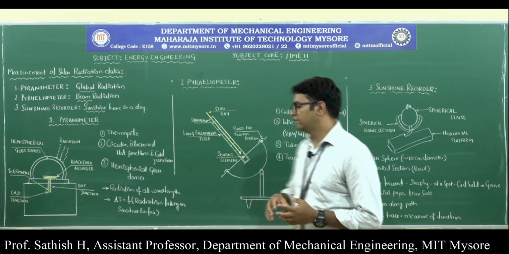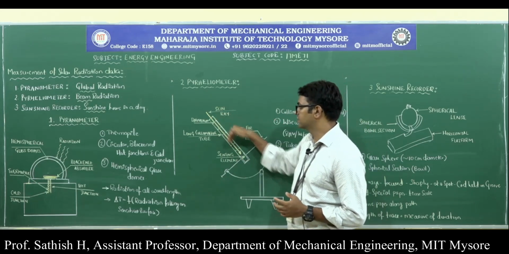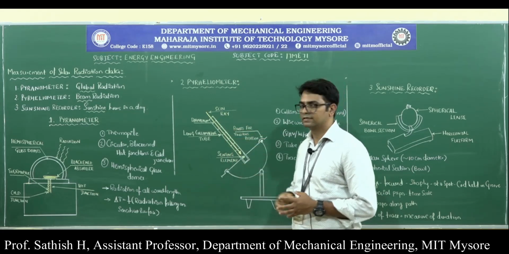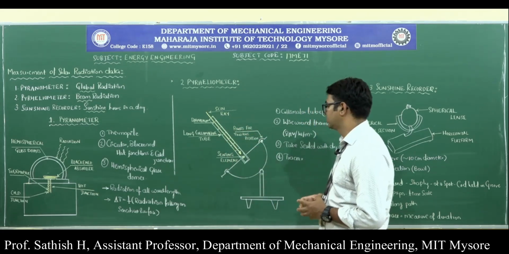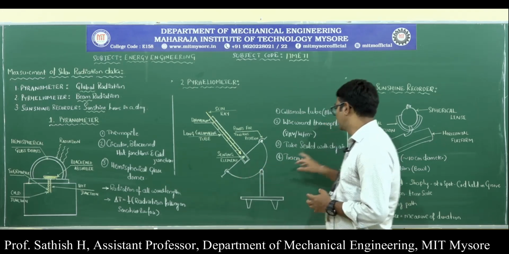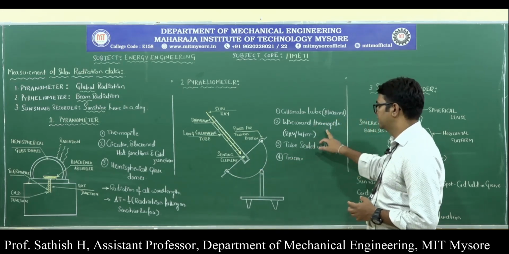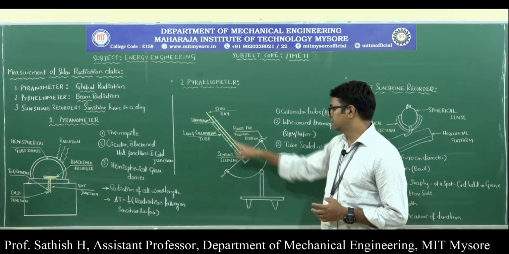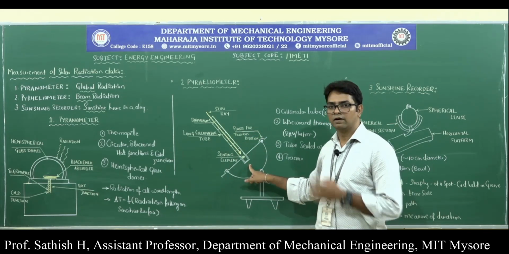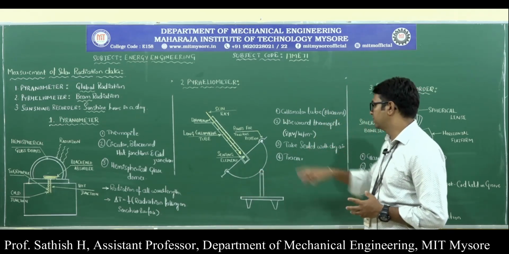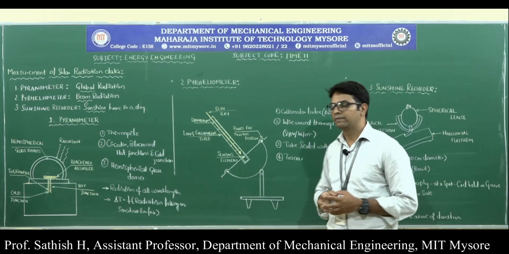It has diaphragms at regular distances inside this long collimator tube. It also consists of a wire wound thermopile at the end of the long collimator tube, which has a sensitivity of 8 microvolts per watt per meter square.